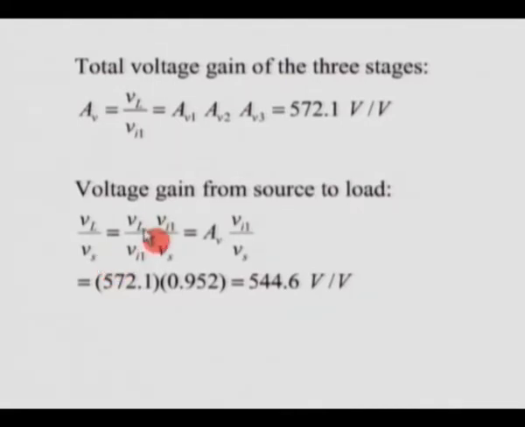So, that would be nothing but VL by VI1, times VI1 by Vs, which is nothing but the voltage gain times the fraction of VI1 by Vs. So, if we do the computation, we will see that it drops to 544.